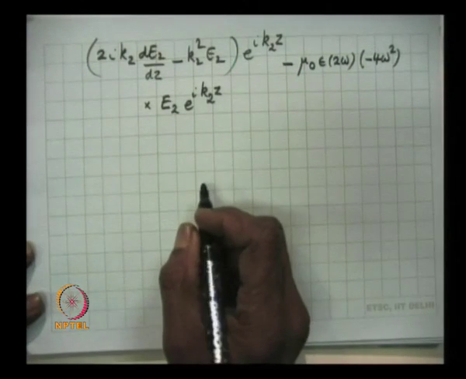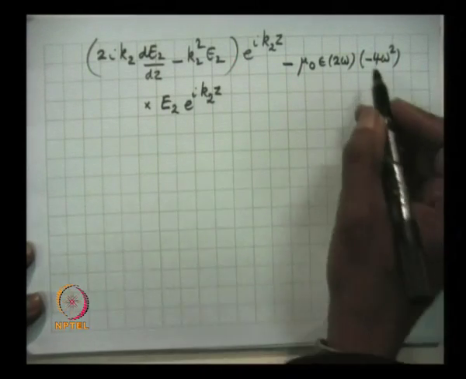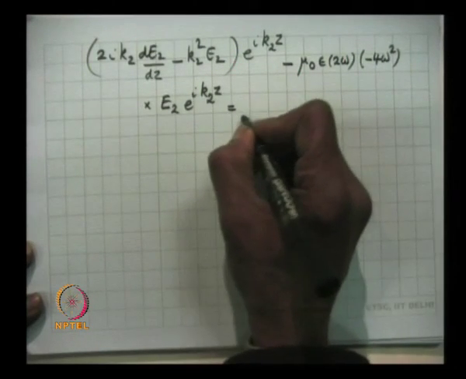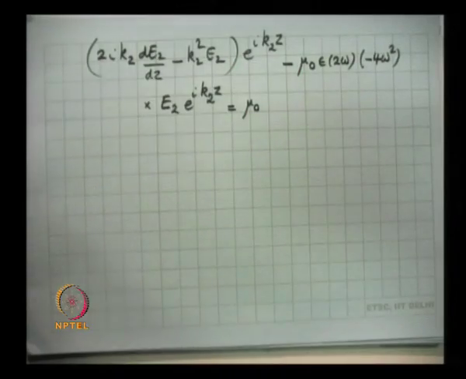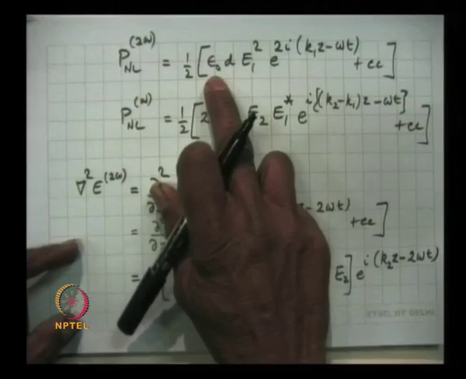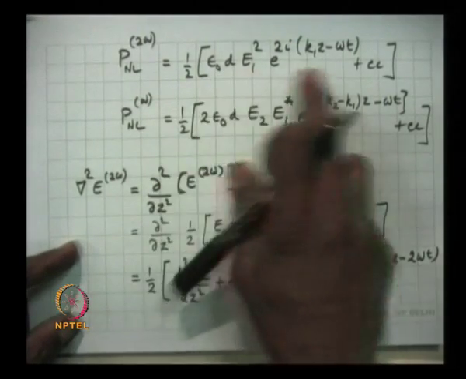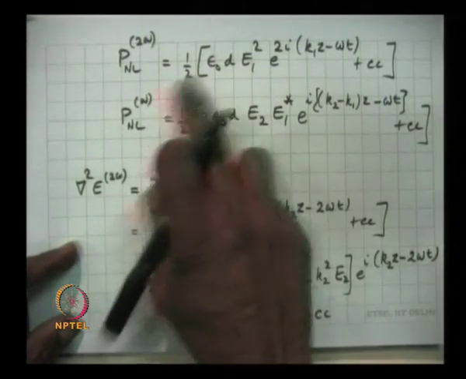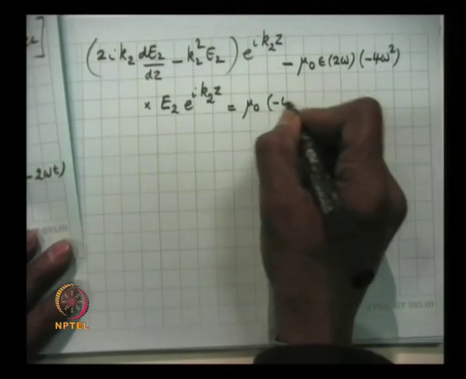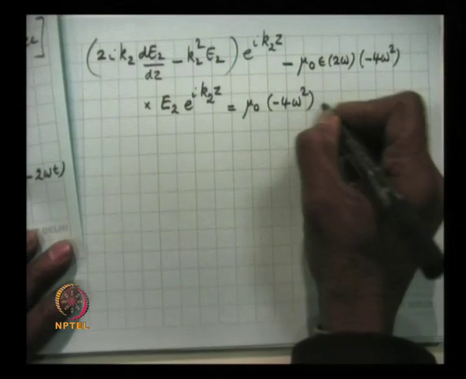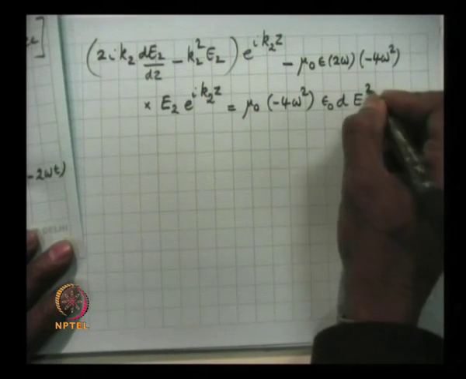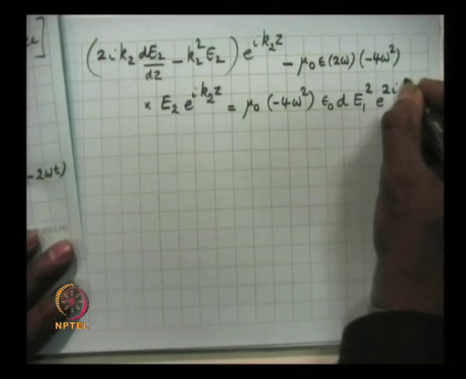Del square E 2 omega by del t square gives me minus 4 omega square into this, is equal to mu naught into del square del t square of this term. The factor of half is cancelled off. So, what will I get? Minus 4 omega square epsilon 0 d E 1 square e to the power 2 i k 1 z.